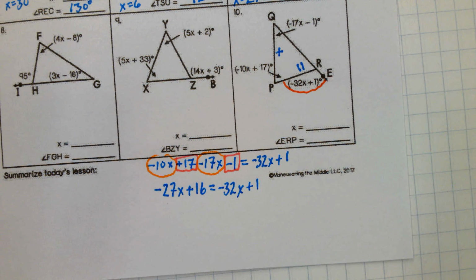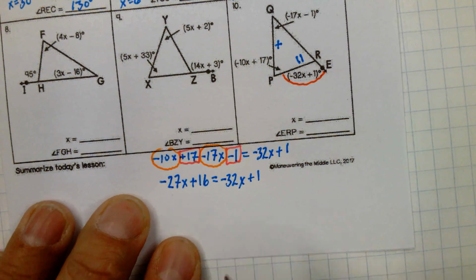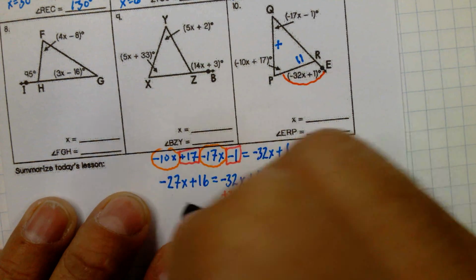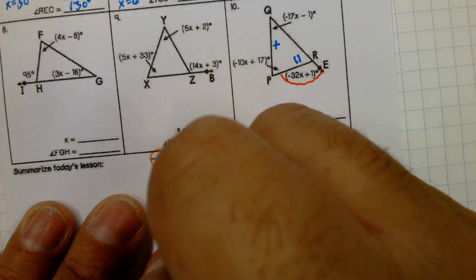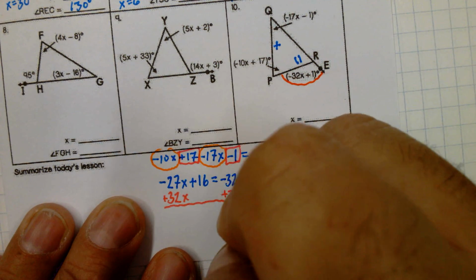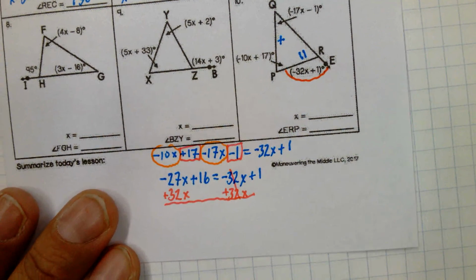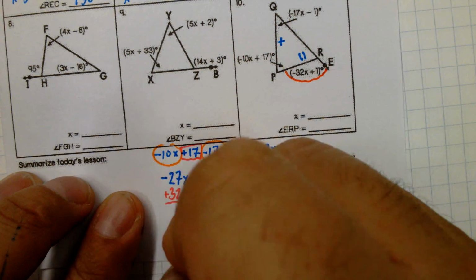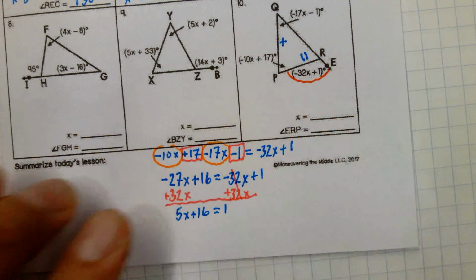So we got variables on both sides. Let's get rid of this one. Add 32x on both sides. And so that's what? 5x plus 16 equals now just 1.